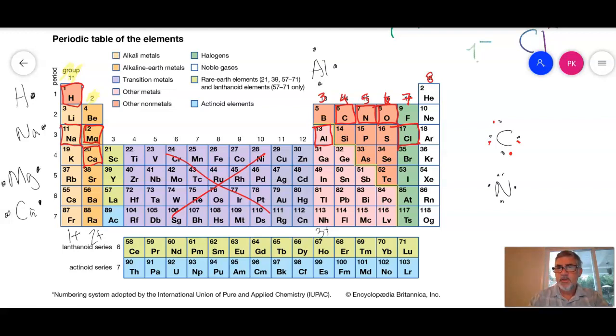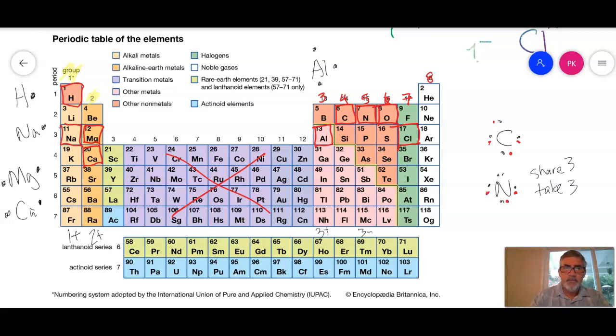So it needs to either share 3 or it needs to take 3. So it will tend to form a 3 negative charge because it needs to get to 8. It wants to be stable like the noble gases, because it needs 3 more to be stable.